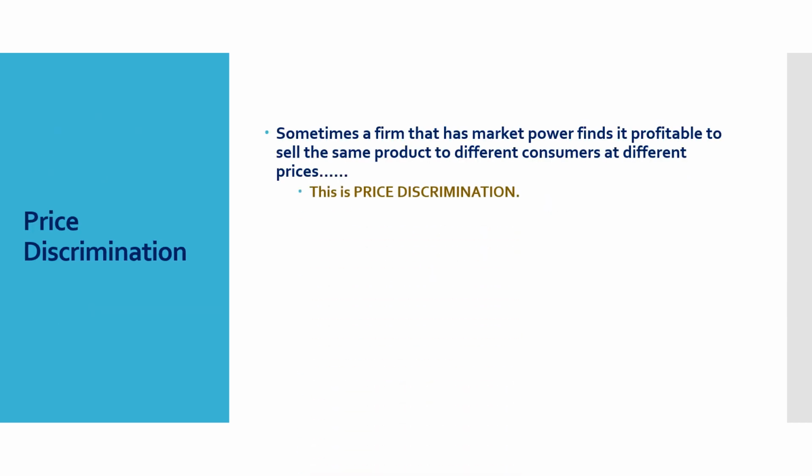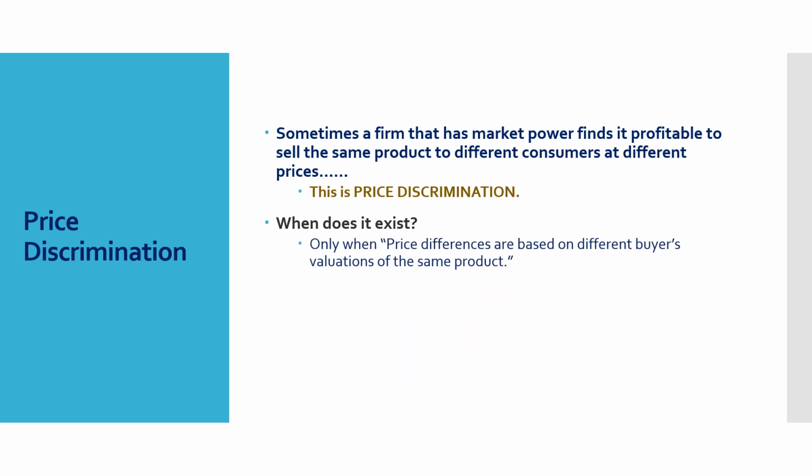Some important information. You must know what we mean by price discrimination. Make sure you can describe that. Price discrimination means we're going to charge different customers different prices for the same product. All right, so make sure you can describe price discrimination. Make sure you can tell us when it exists, and it does depend on the buyer's valuation of the same product.